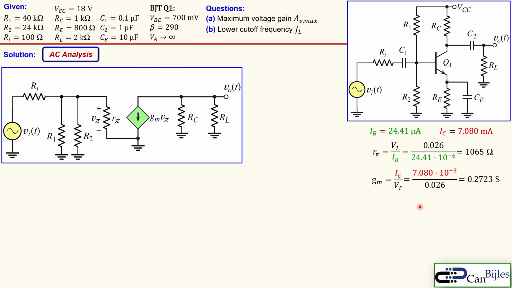Substituting in the formula, you get 0.2723, and the units are Siemens and not ohms, so it is a conductance. You have the parameters here, and we can also designate this node voltage VB. We can now continue to calculate our voltage gain. The voltage gain we want is VO over VI.